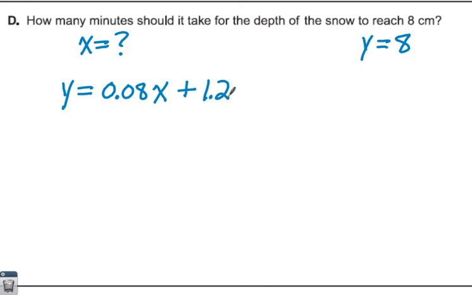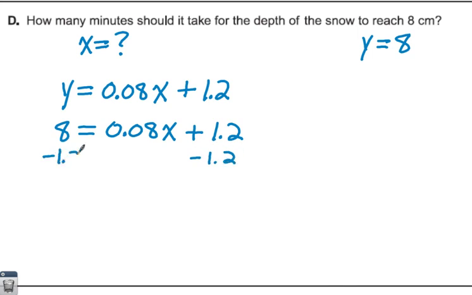In a way they're telling you, plug in 8 for y and solve for x. Because if they're telling you a value of centimeters, that's a y variable, and they're asking for what the x value is when y equals 8. And so now we just got to get x by itself.